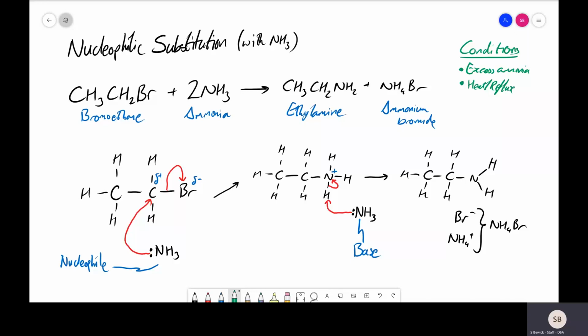That will encourage it all to react. But the most important one, this is done with an ethanolic solvent. So it's all dissolved in ethanol. And that's the key condition for this one that you need to know. And that is nucleophilic substitution with ammonia. It starts off the same as with hydroxide, but then there's a second step, which is a bit more tricky, where the ammonia acts as a base.